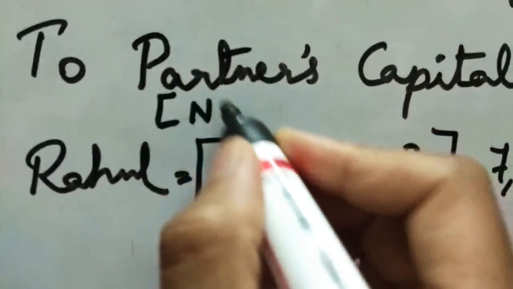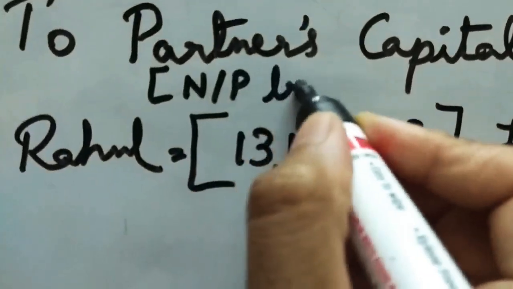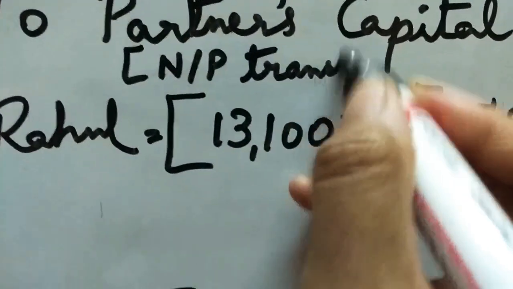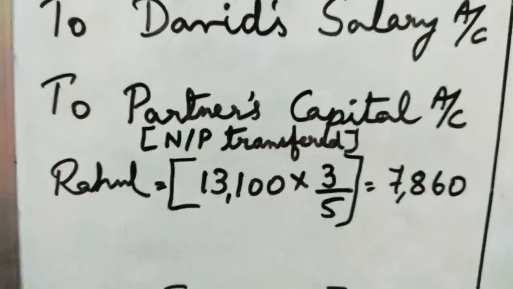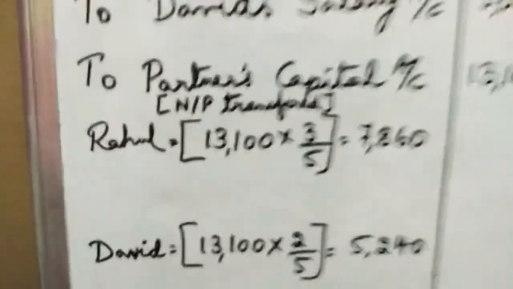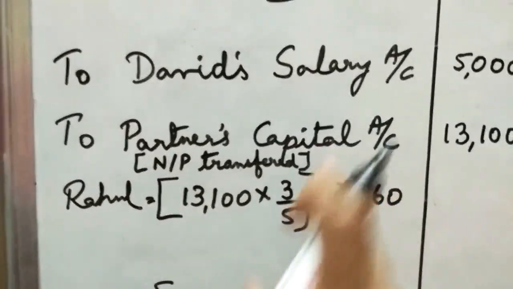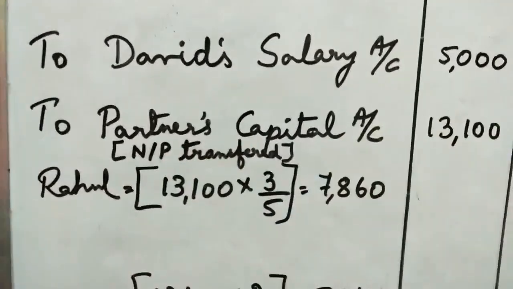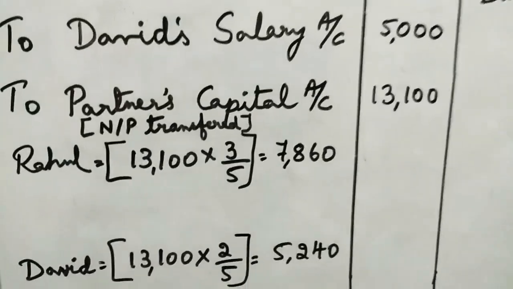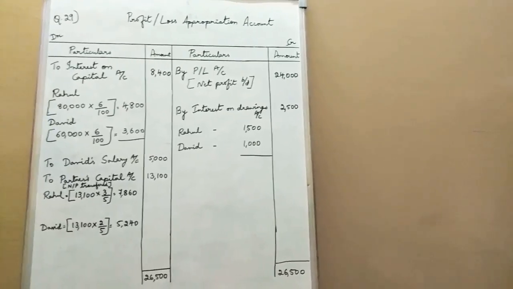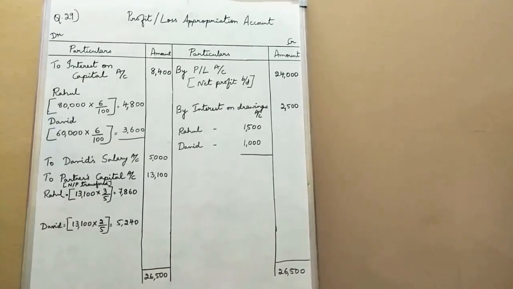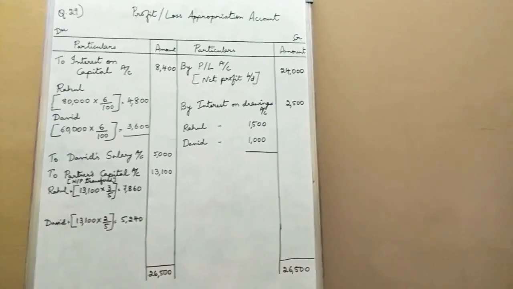Net profit transferred. Which account are we transferring to? Partners' capital account. So you always leave a space. Have no space here, so I've just filled with the space that is sufficient for me. So now we have completed the profit and loss appropriation account. I guess it's clear to view.